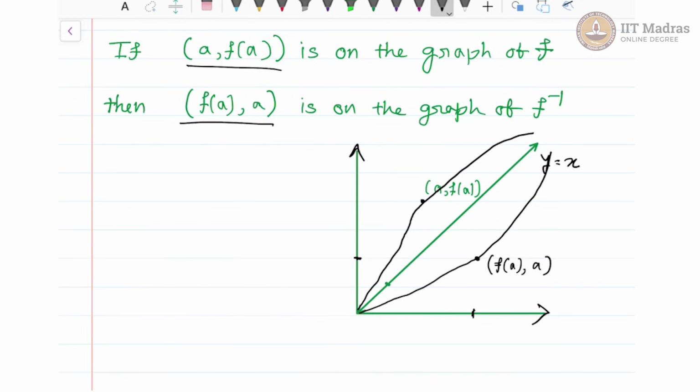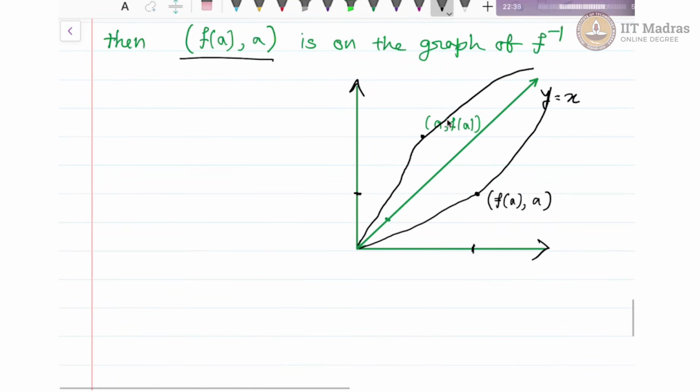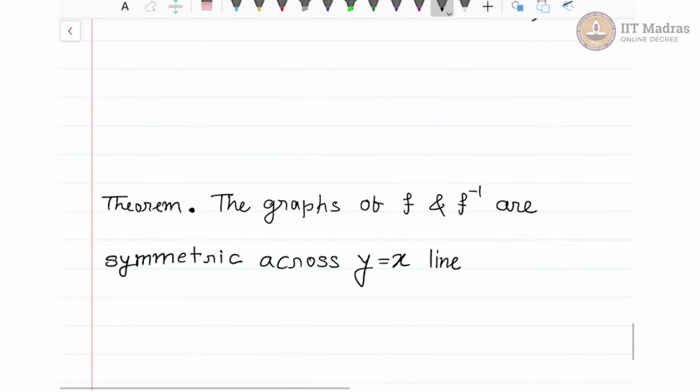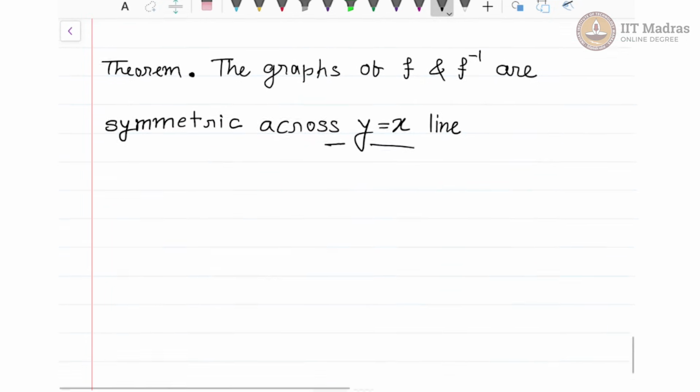It is actually a reflection along y is equal to x. So in particular, the graphs of f and f inverse are symmetric across the line y is equal to x. This is what you have to remember all the time.